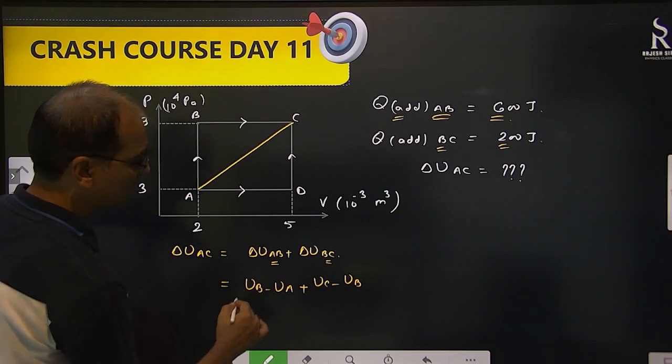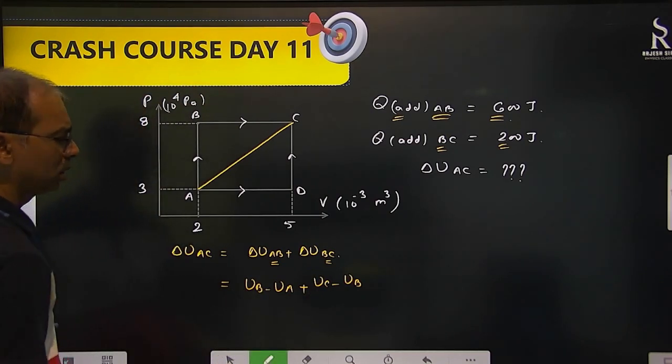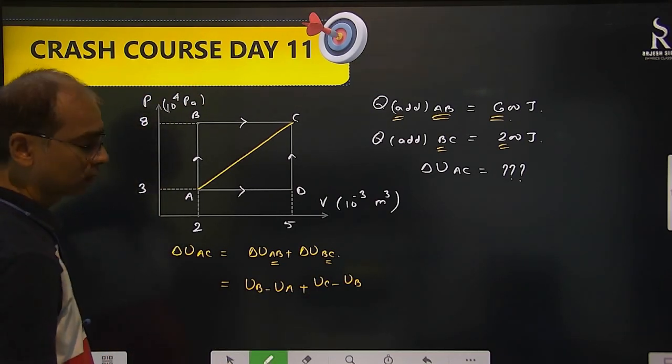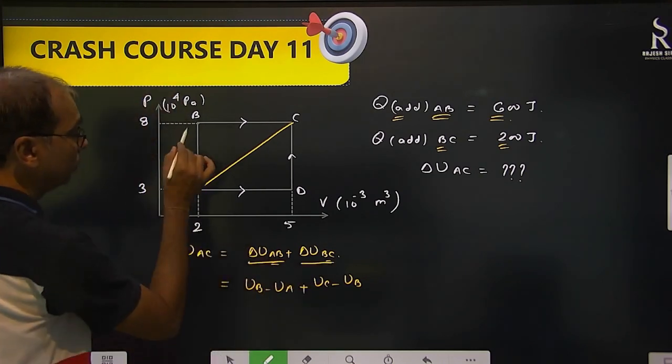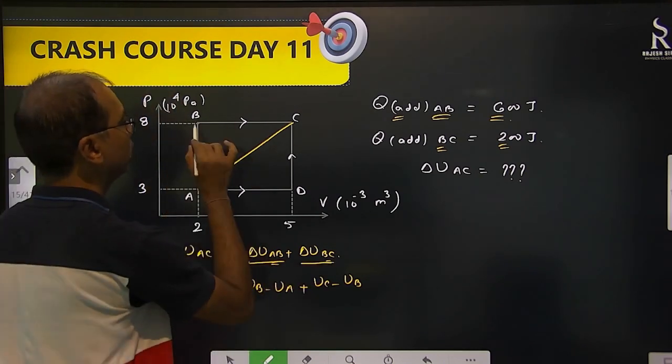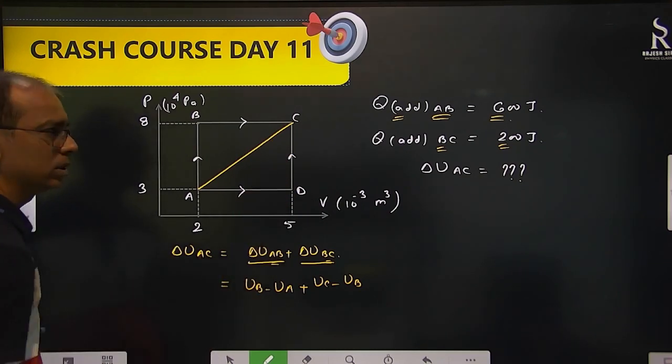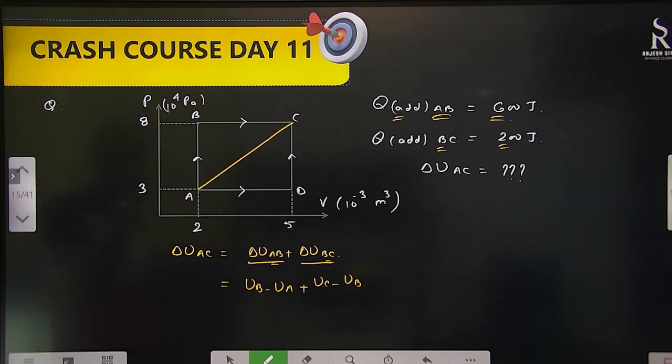The UB gets cancelled. It is UC minus UA, which is only delta UAC. So if we can get delta U here and delta U here, then we can get delta UAC very easily. Okay, fine.